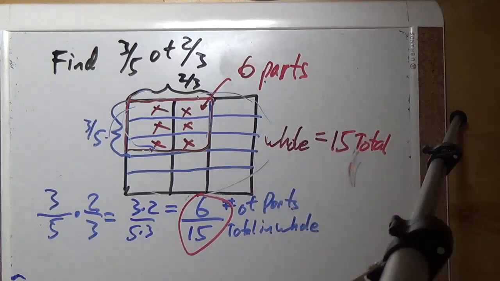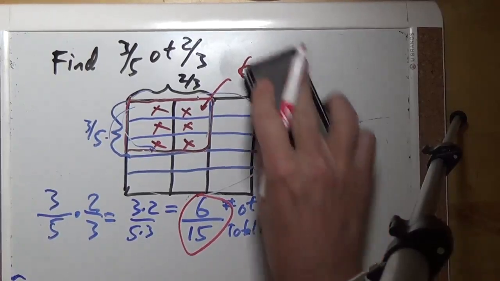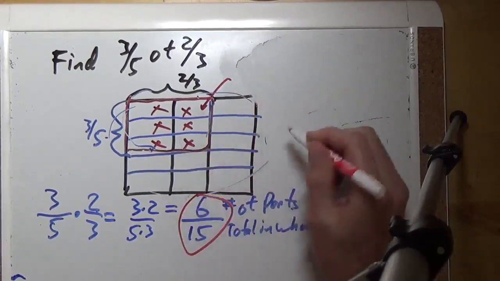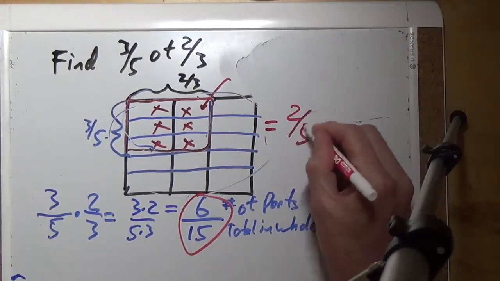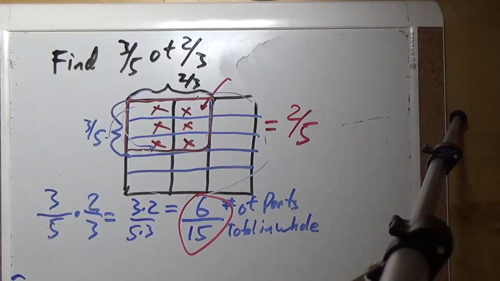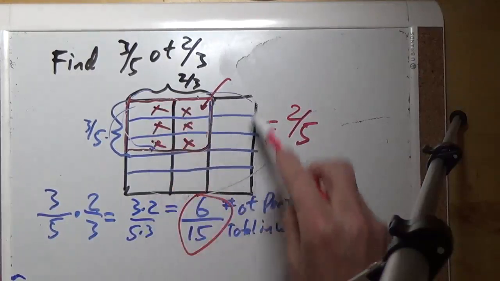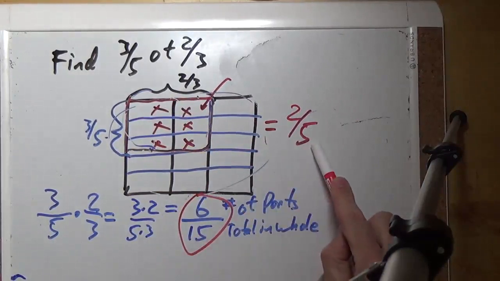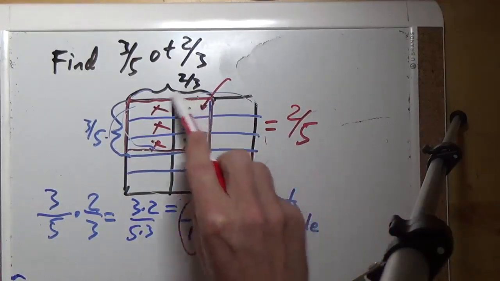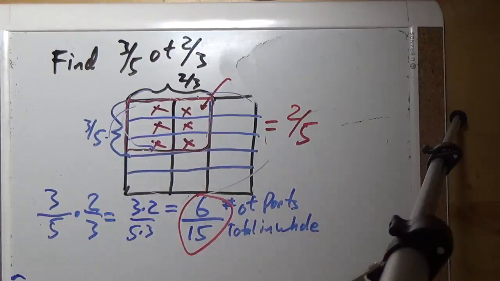You can't do something like this and say, oh, I've got this diagram, and then say it equals 2/5. Because there's no way to see that. You've got 6/15. All this reduction comes later once the student understands exactly why they're multiplying. We'll do more of this in office hour.